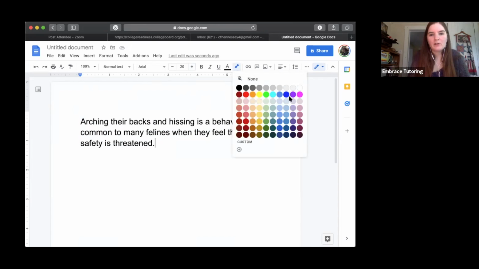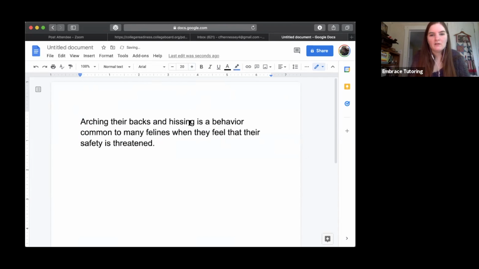But if we look here, I'm going to choose a color and underline just the section that's part of what we're looking at for the grammar in isolation. So if we're identifying that felines seems to be the subject, or you feel that it's the subject, we need to look at what is happening in the sentence.